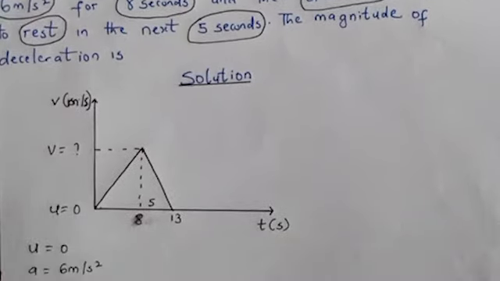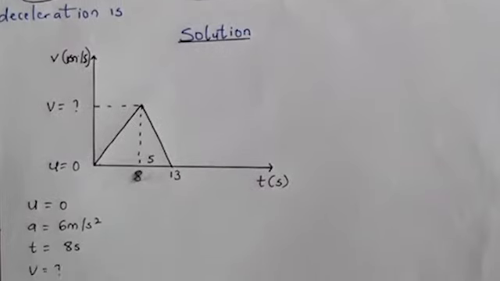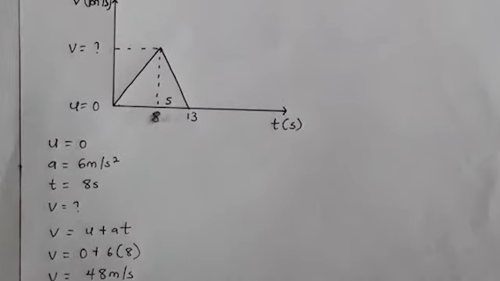Since we know our acceleration to be 6 meters per second squared, the body accelerates for 8 seconds. Since we know our acceleration and time, we have to get our final velocity. From our equation of motion, v equals u plus at, where v is the final velocity, u is the initial velocity, a is the acceleration, and t is the time taken for the acceleration.